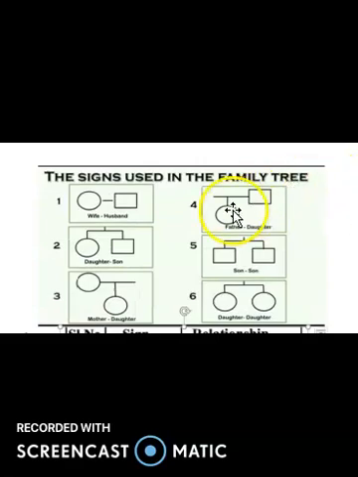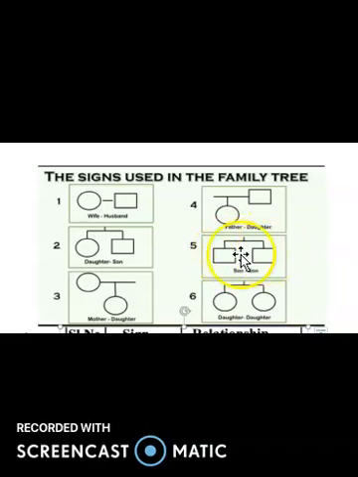Okay. Now number 4. Here, father and daughter. This is male, isn't it? And what extends down is always a child. So this shape shows that it is a female. That means this is father and this is daughter. Now you understood, no?